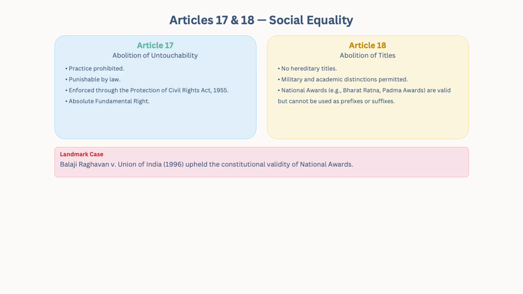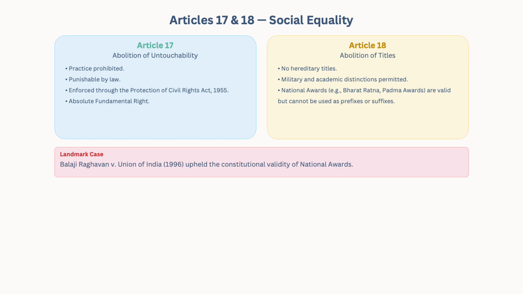And Article 18, abolition of titles. I talked about the Maharaja and so forth, the different titles that were abolished by the Indian Constitution. No hereditary titles; everything has been abolished, but military and academic distinctions are permitted, like doctor, professor, and national awards like Bharat Ratna, Bharat Vibhushan, Padma Shri, and so forth.